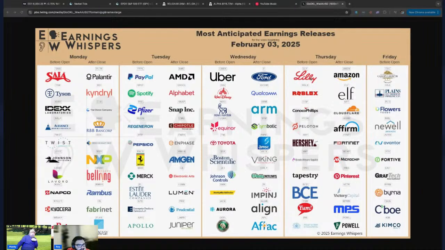And then tomorrow you've got some big boys: Eli Lilly, Amazon, Affirm, Peloton, Roblox, Cloudflare. If you don't know, Cloudflare is basically the gateway to the internet. They hold all the security stuff on every major website. So there's your earnings quick rundown.